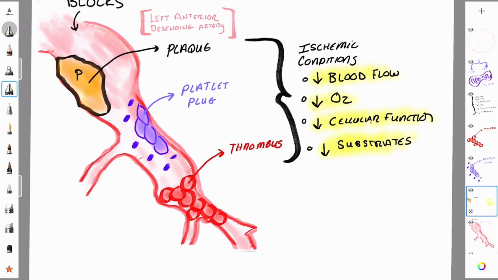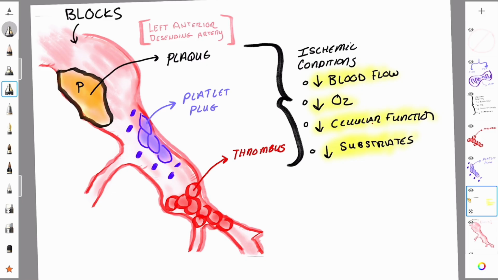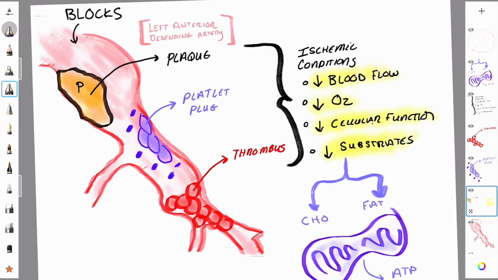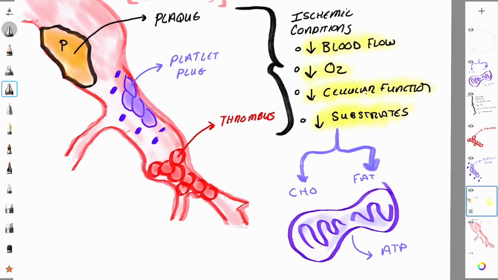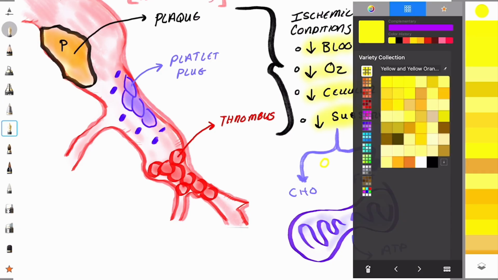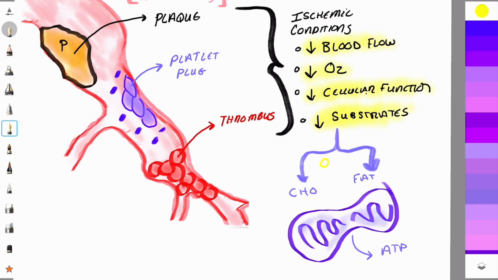And the substrates is going to cause a really interesting problem, because what happens here is the muscle cells in the heart, they have a lot of mitochondria, right? They are mitochondria rich, which means they preferentially want to use oxygen as their fuel, right?